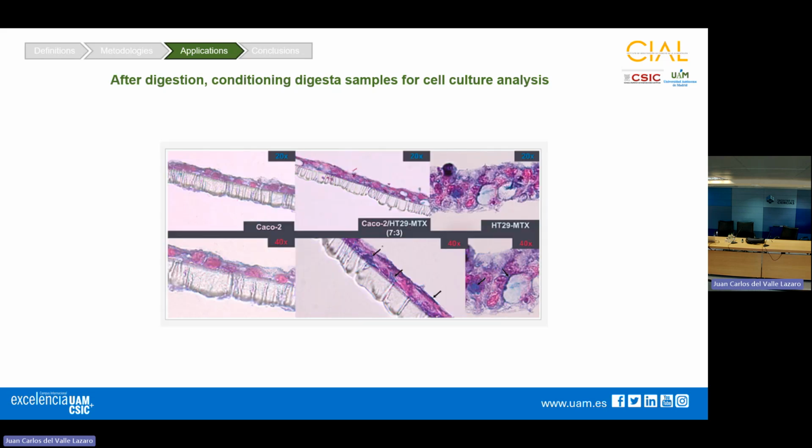So when we culture those two cell lines, and if you are able to use a dye to look at the mucus, you could see something like this. You won't see anything from the back, of course, but you could actually look at the mucus.